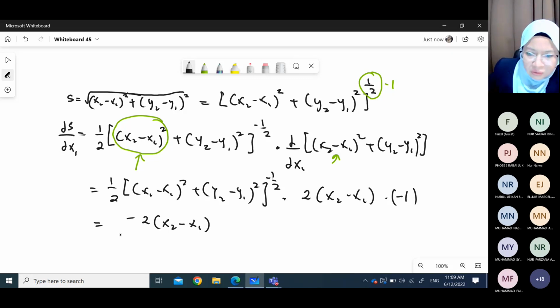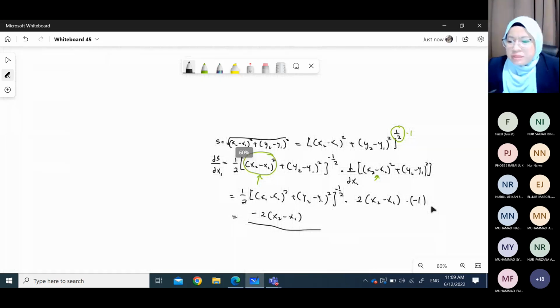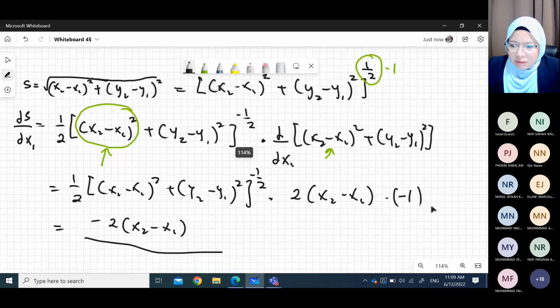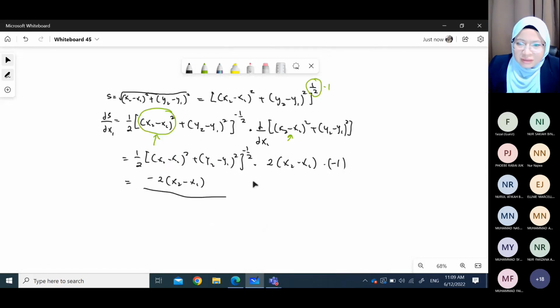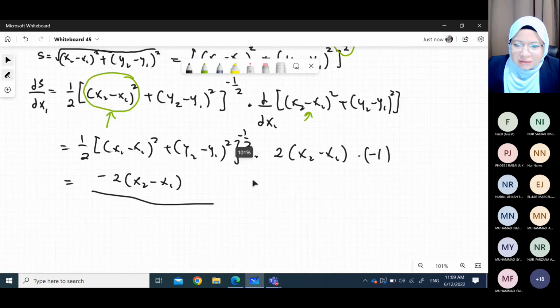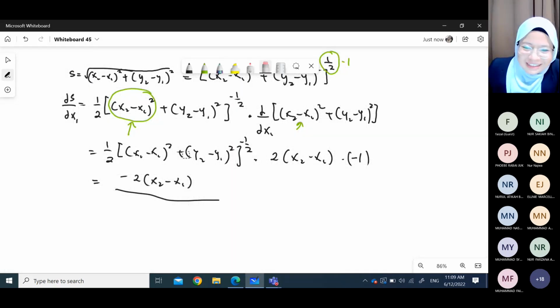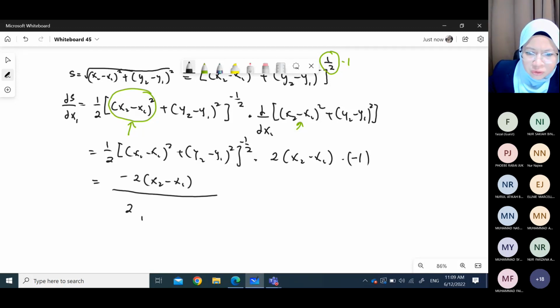Alright, and then over, since we have a negative power, so maknanya dia berada di bawah lah, which is a denominator. Sekejap, wait. Besar pula dia. Nampak kan? Nampak. Tak boleh atas. Okay. Right. So over, yang ni kita ada 1 over 2 square root of (x2 minus x1) squared plus (y2 minus y1) squared.